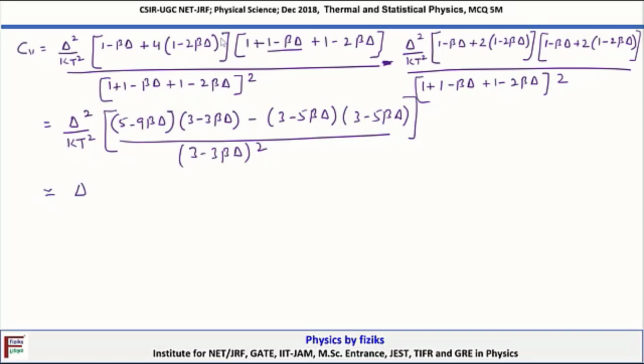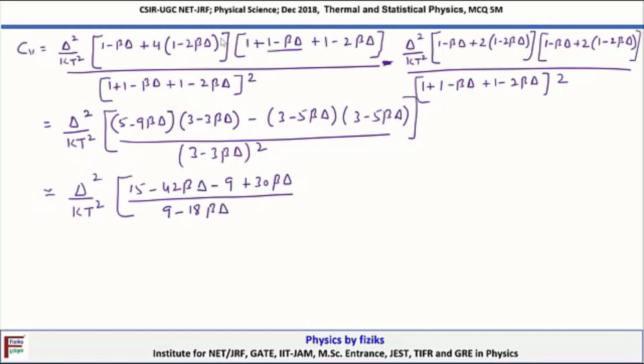So this is approximately equal to delta square upon kt square, and inside the bracket we will have 15 minus 42 beta delta minus 9 plus 30 beta delta divided by 9 minus 18 beta delta, and this is approximately equal to 6 by 9 delta square by kt square.